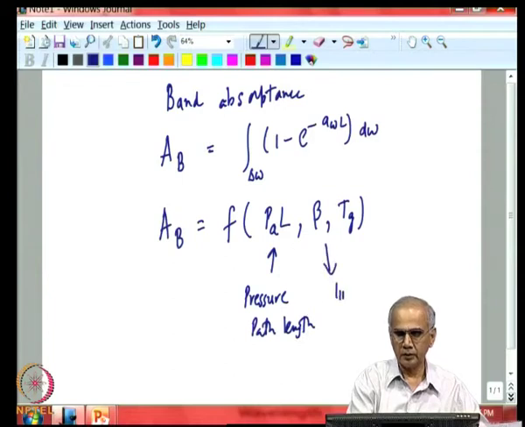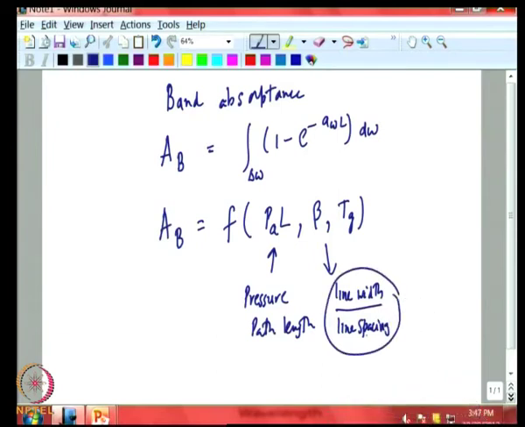This is the line width by line spacing, which is called the line structure parameter. Another thing, of course, is gas temperature.